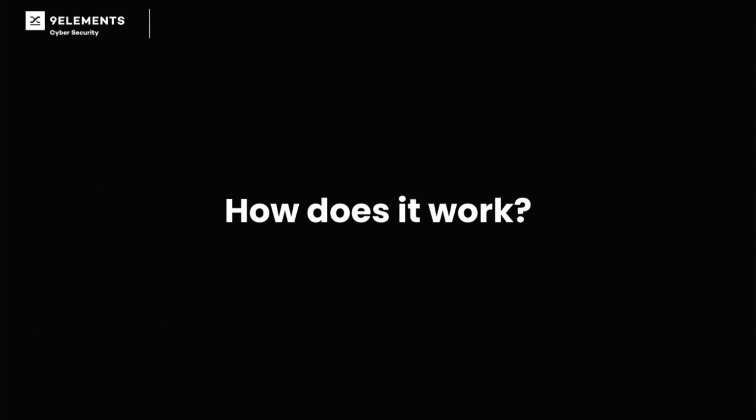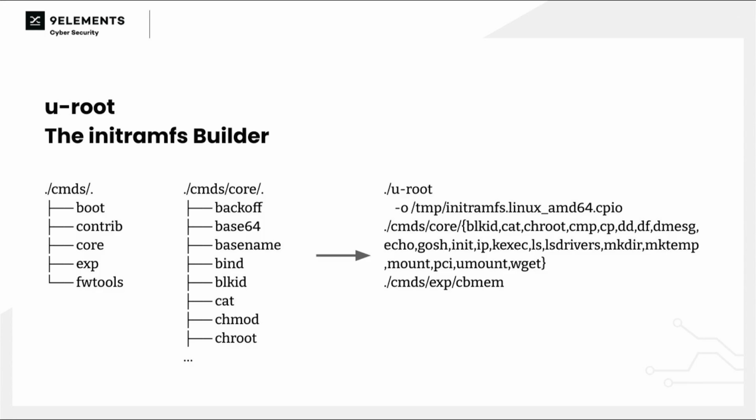So how does that work, right? What does U-root do in order to compile everything together into a single command that shares all dependencies? As I said before, U-root contains a lot of commands that we re-implemented that are standard Linux commands, right?